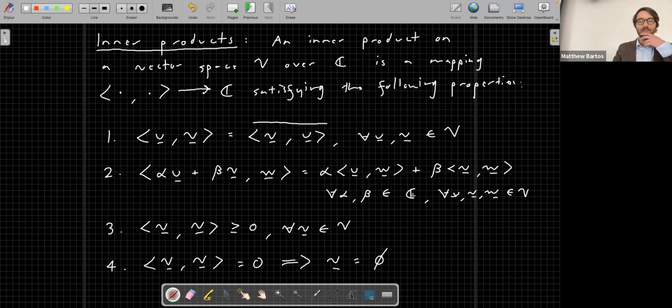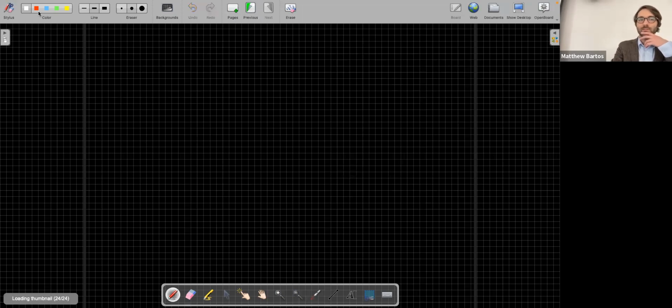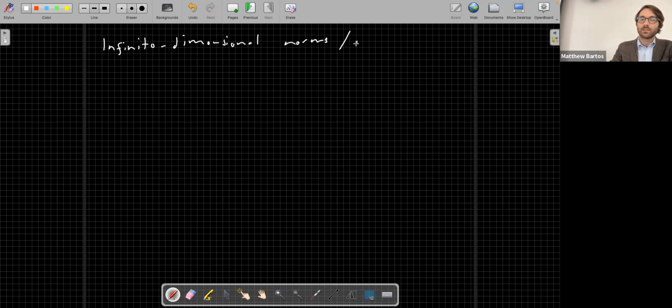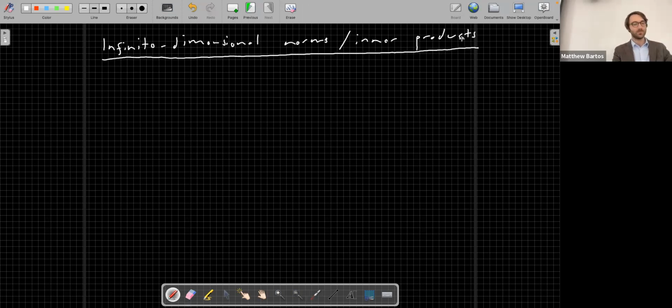One thing I want to note is that for both norms and inner products, there are infinite dimensional versions. And this is the last thing I'm going to talk about today. Remember that I said that we can have infinite dimensional vector spaces.